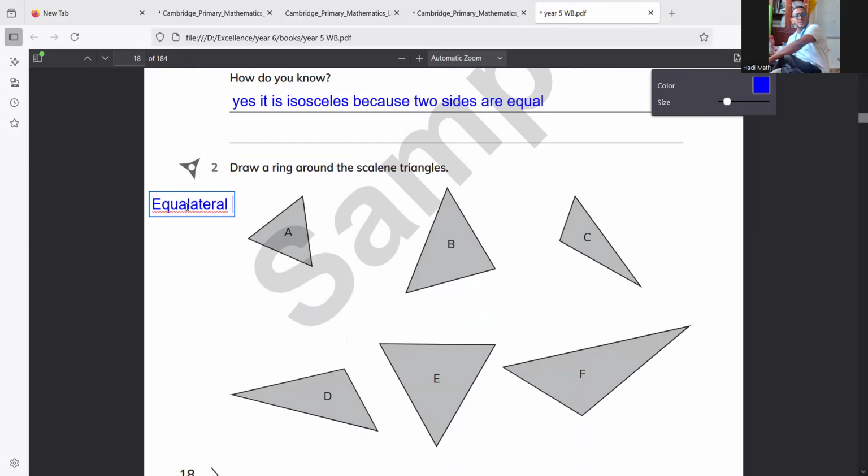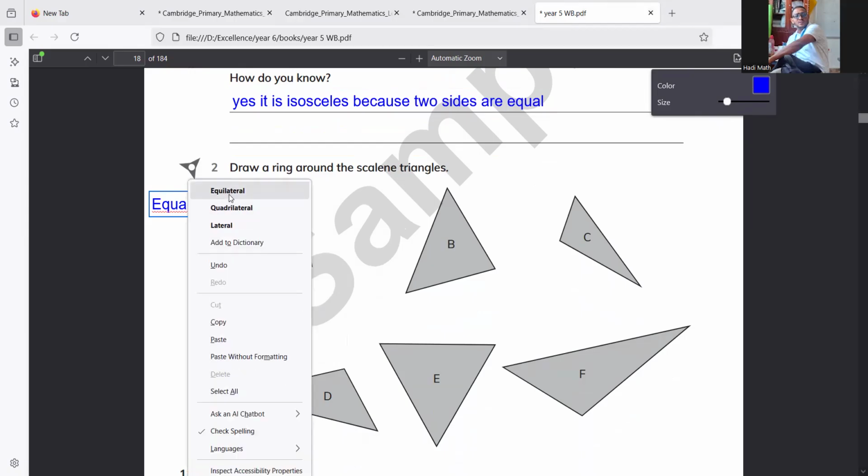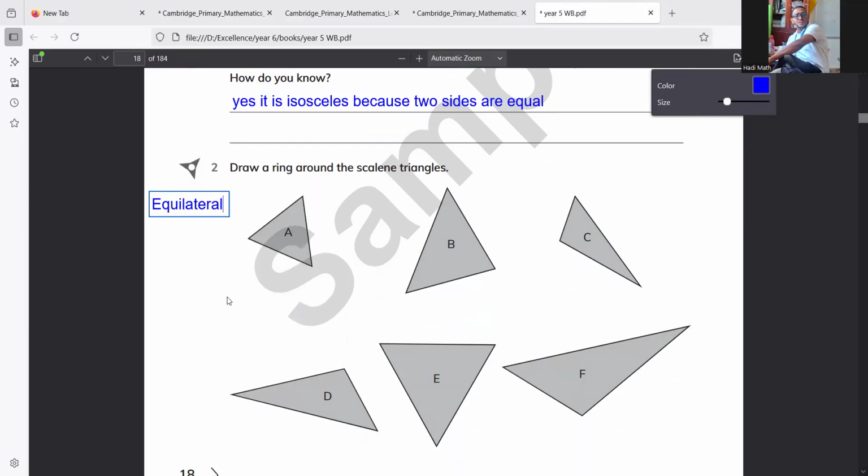And the equilateral, we said what? All sides are equal. Or we could say it has three equal sides.